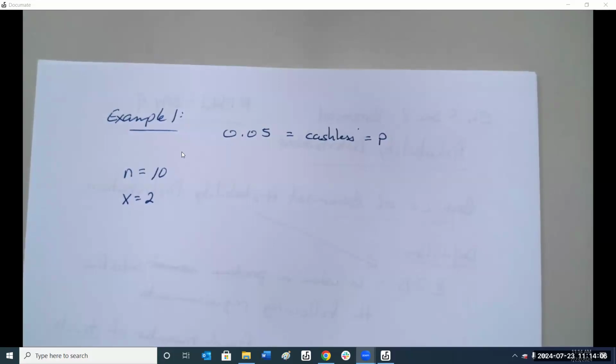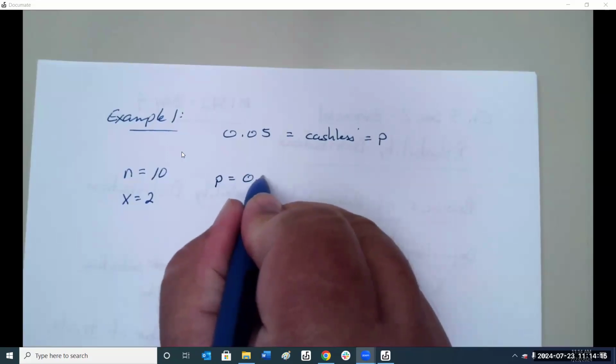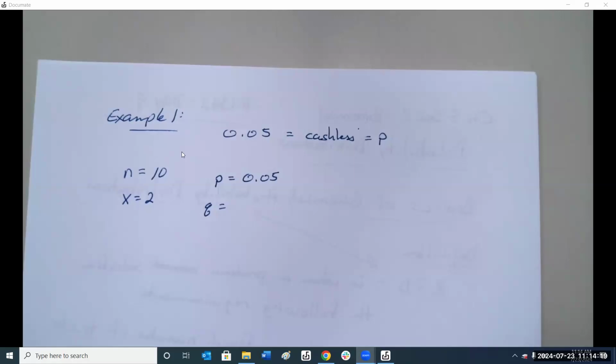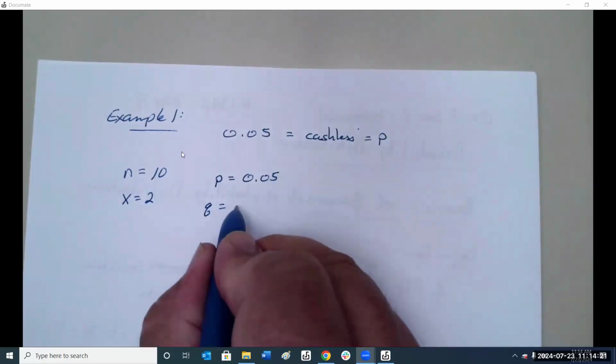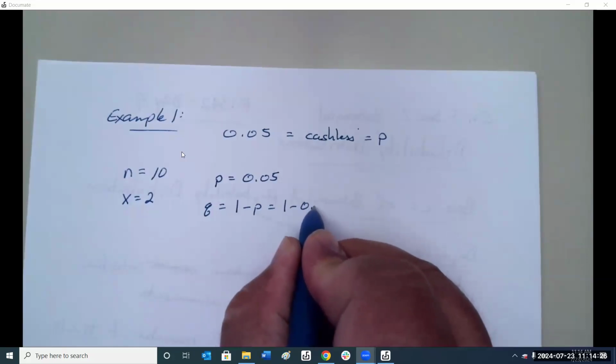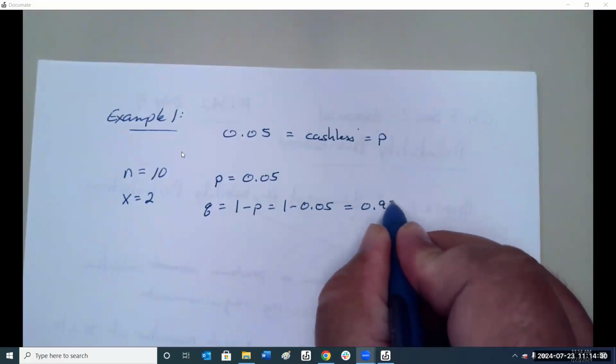What's p going to be? 0.05, and that makes q 1 minus p, which is 1 minus 0.05, which makes it 0.95.